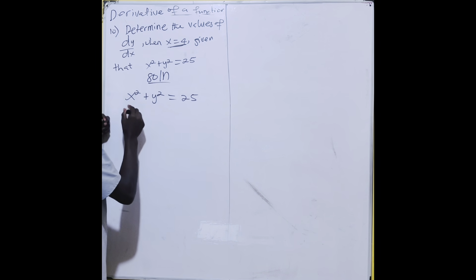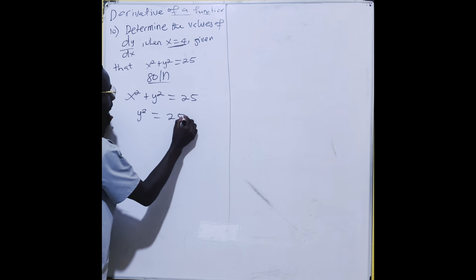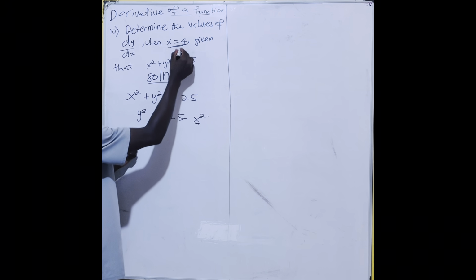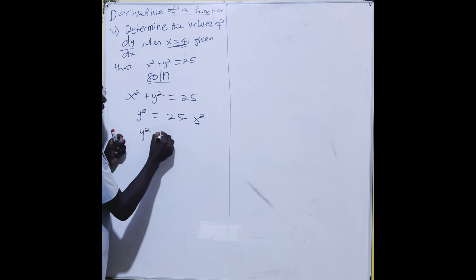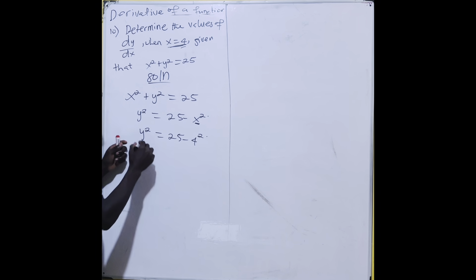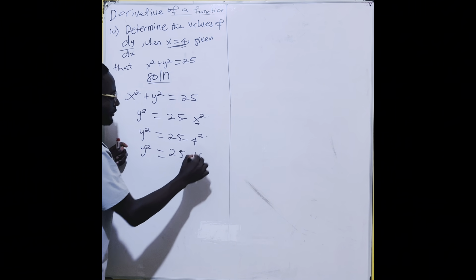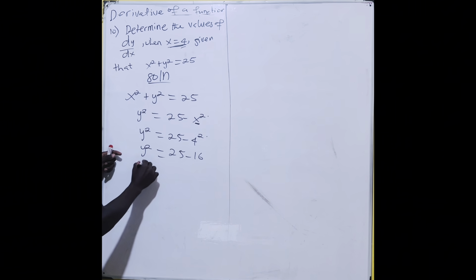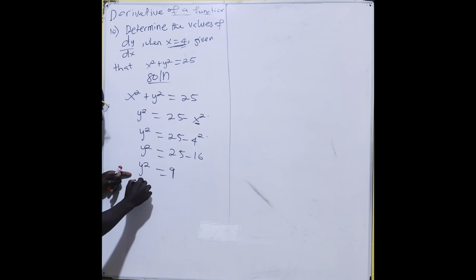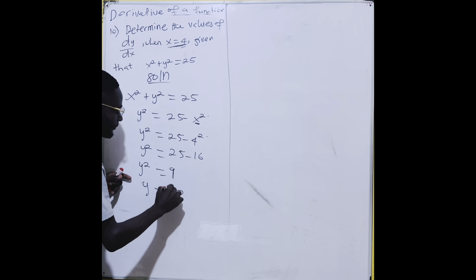Y. So y squared equals 25 minus x squared. And x is 4. So we have y squared equals 25 minus 4 squared. So we have y squared equals 25 minus 16. So we have y squared equals 9. Okay, so it means that y is equal to plus or minus 3.